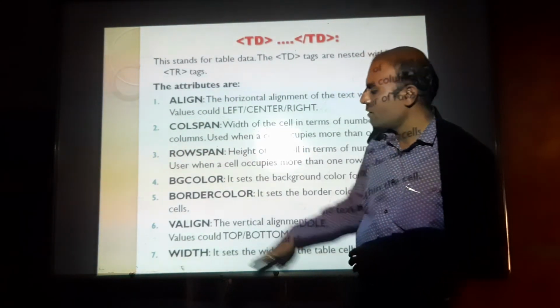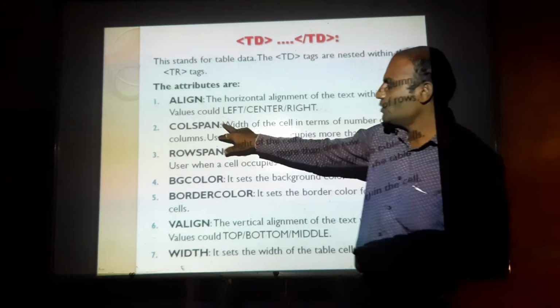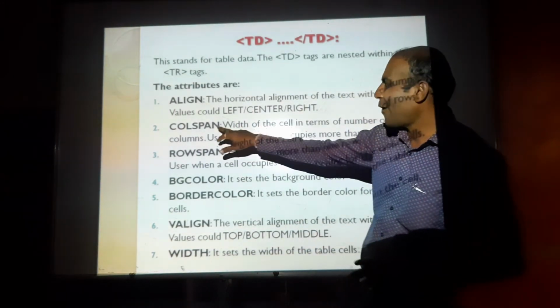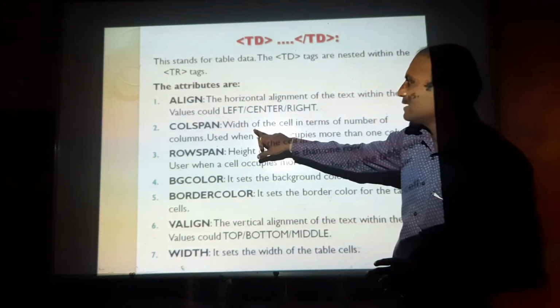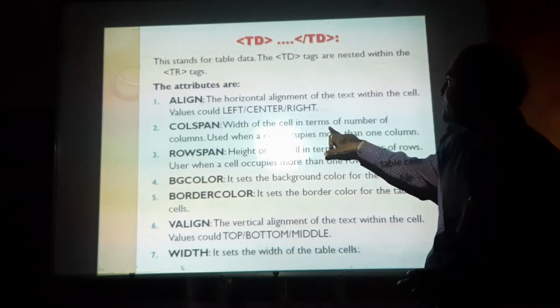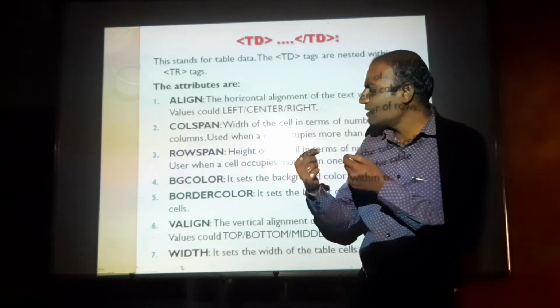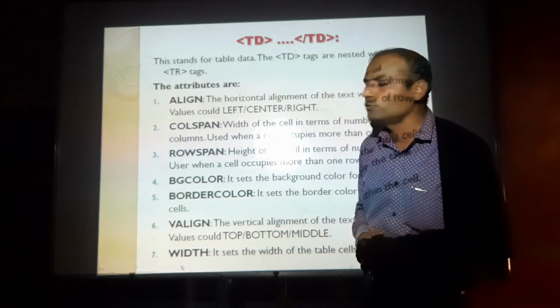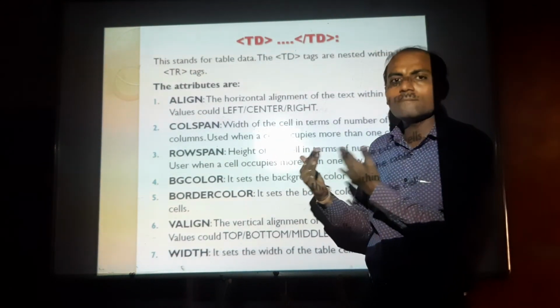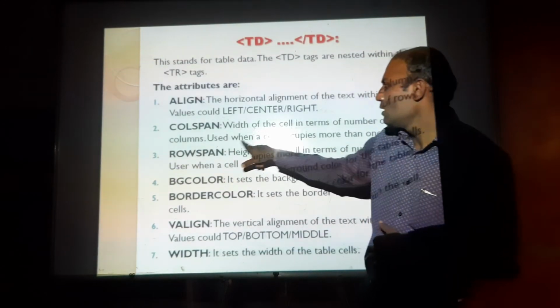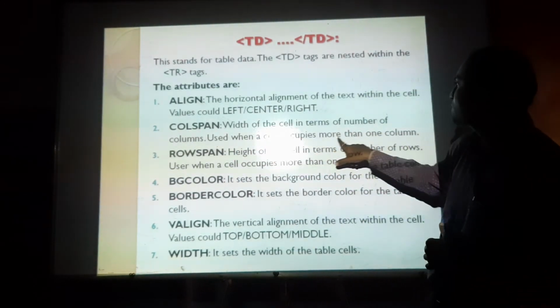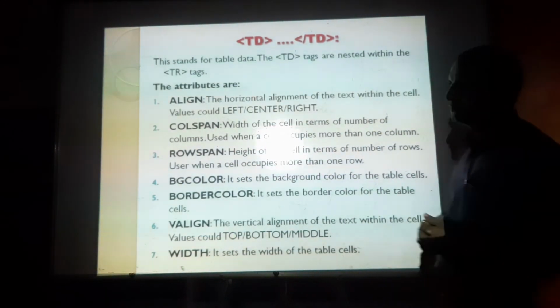The rest of the attributes remain the same, but these two are extra here because col span is used to set the width of the cell in terms of number of columns. If you want to merge a number of columns, you need to use col span. It is used when a cell occupies more than one column.